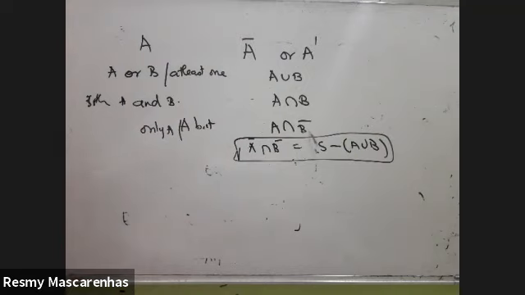Why did I do this algebra? So that you understand the next one, which is called a mutually exclusive or disjoint event. That's an important term.